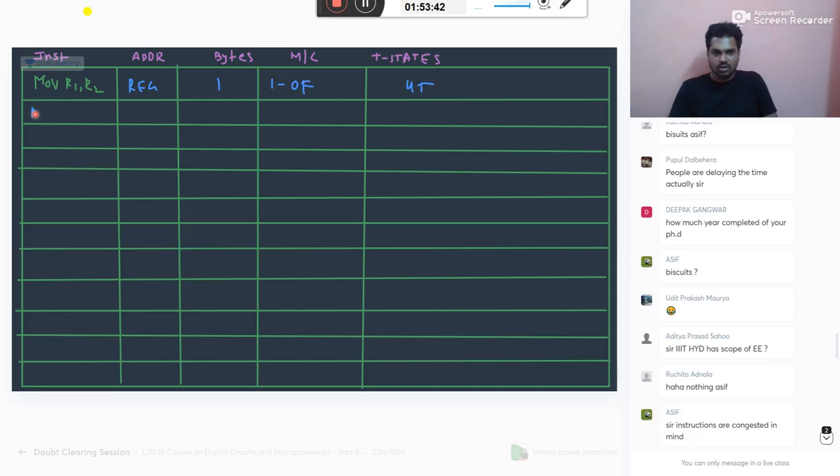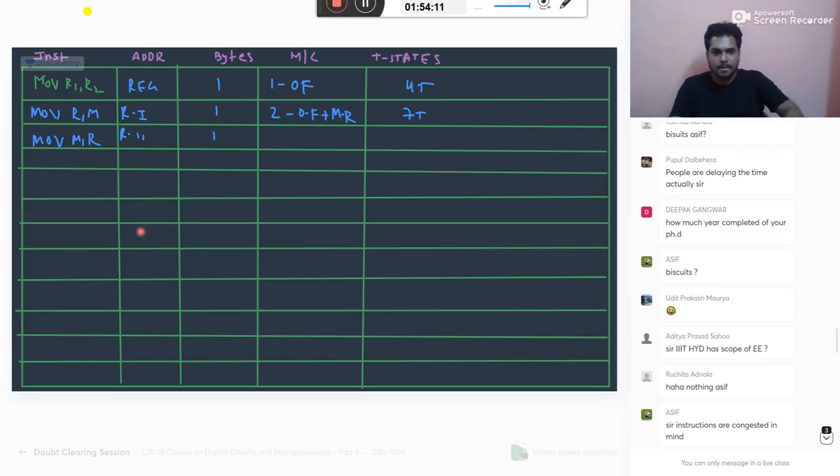Then move R comma M. It is register indirect addressing mode, 1 byte instruction, 2 machine cycles, opcode fetch plus memory read. Addressing mode is register indirect. So 7 T states. Okay. Move M comma R is also the same.